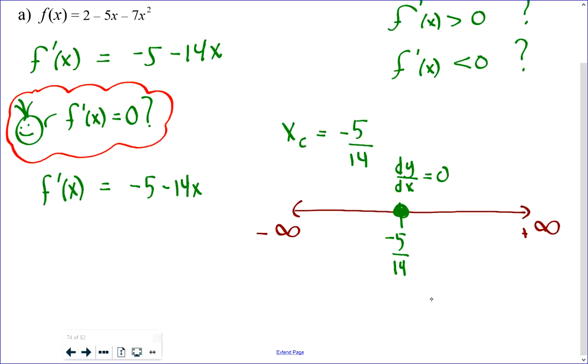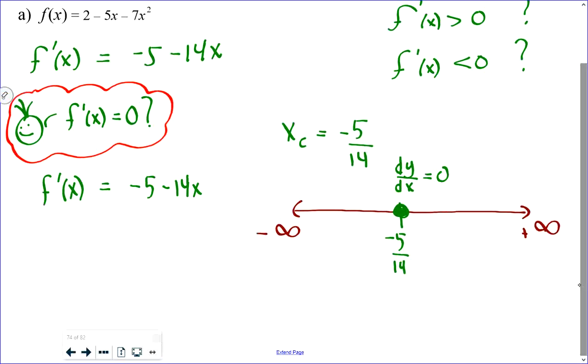It cannot be over to the right, positive in some place and then negative in another place, because then it would have to pass through 0 again. So, how are we going to actually answer this question? We are going to make a first derivative chart.